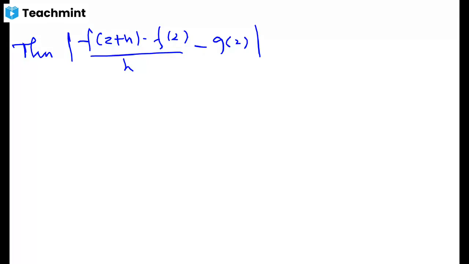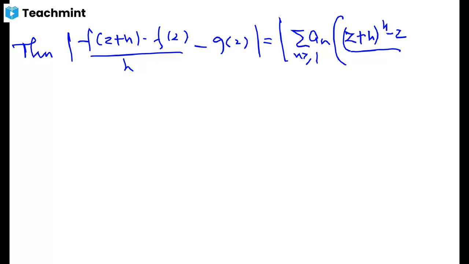Thus the modulus of f(z plus h) minus f(z) over h minus g(z) was actually equal to the summation, n greater than or equal to 1, of a n times the bracket z plus h to the power n minus z to the power n over h minus n times z to the power n minus 1.